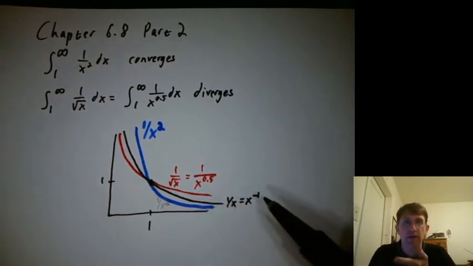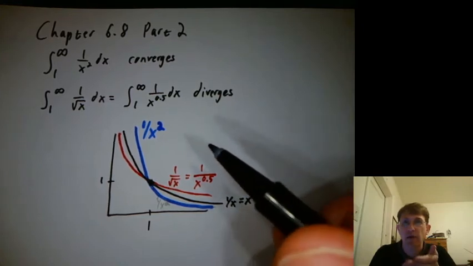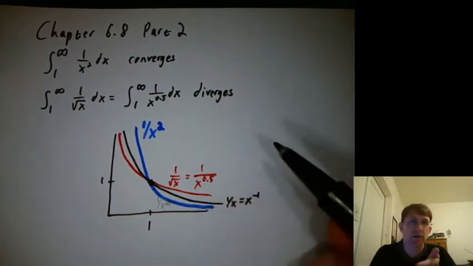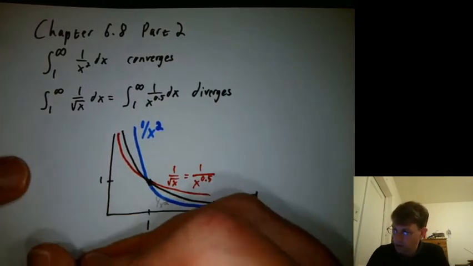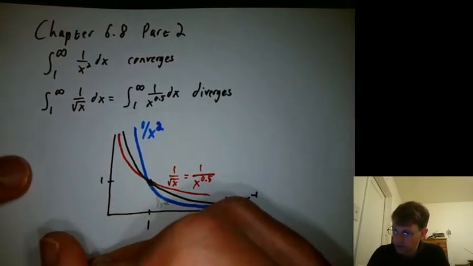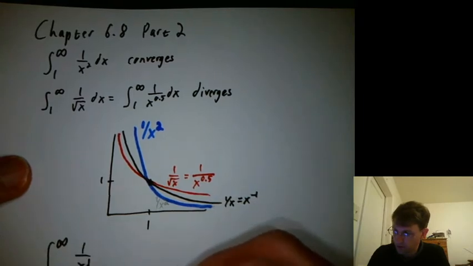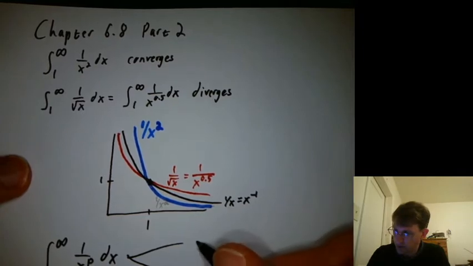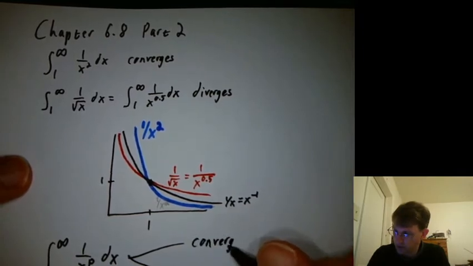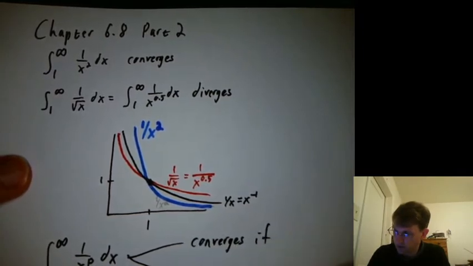So do you have a guess as to when the power is this, then the integral converges, and when the power is this, then the integral diverges? Just based on this example, we might say if you have the integral from 1 to infinity of 1 over x to the p dx, we might say that converges if, and diverges if, what?